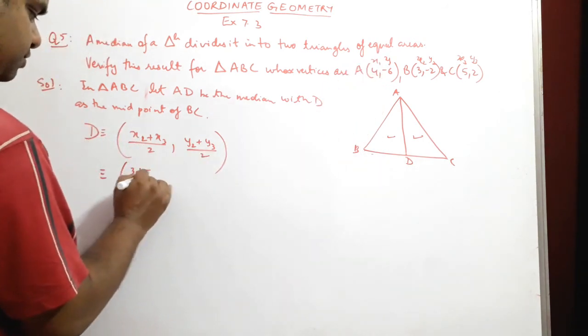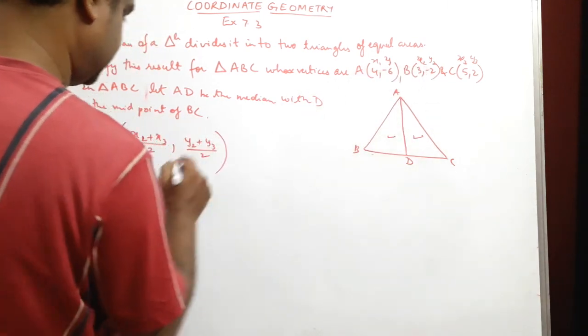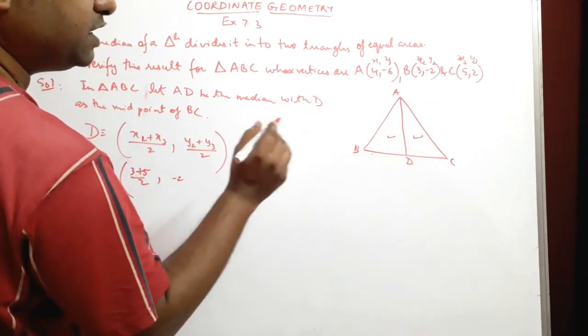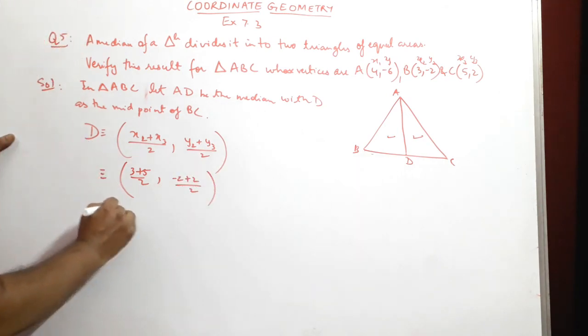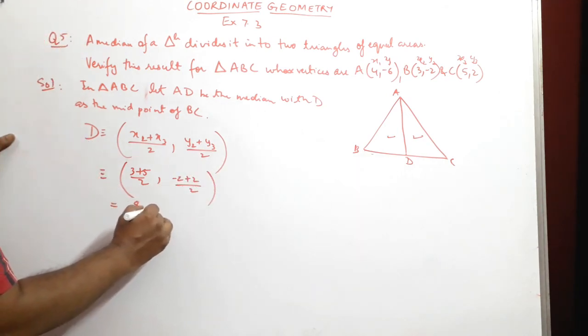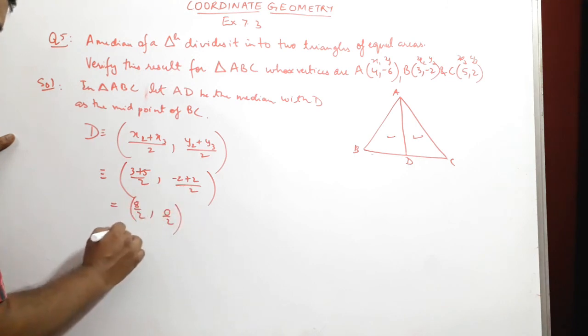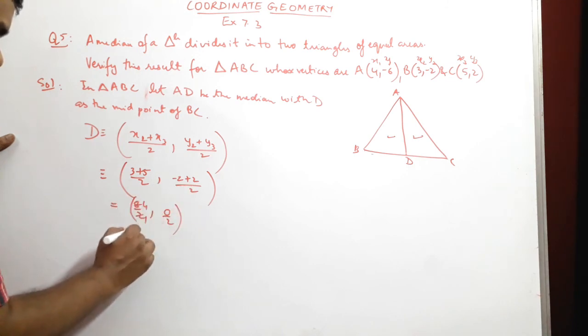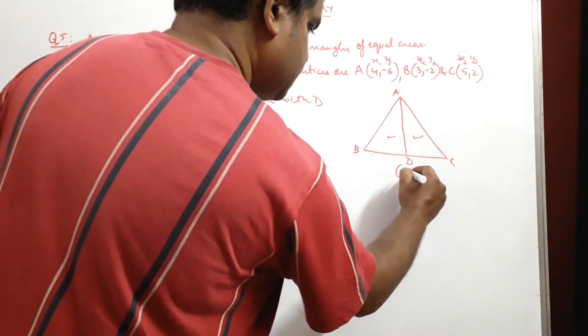So 3 plus 5 upon 2 comma y2 is negative 2 and y3 is positive 2 upon 2. So we get 8 upon 2 comma minus 2 plus 2 gives us 0 upon 2. So that gives us 4 comma 0. So the coordinates of D are 4 comma 0.